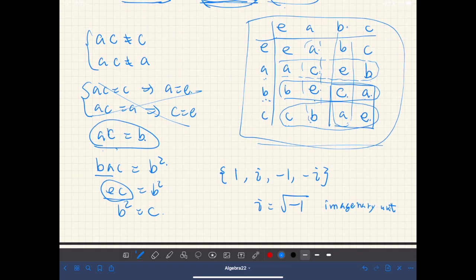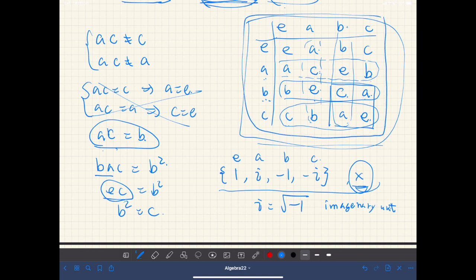Of course, 1 is the identity element. Let's call it A, B, C, and we consider multiplication of complex numbers as the binary operator. Then you should check this group with this binary operation satisfies this Cayley table.